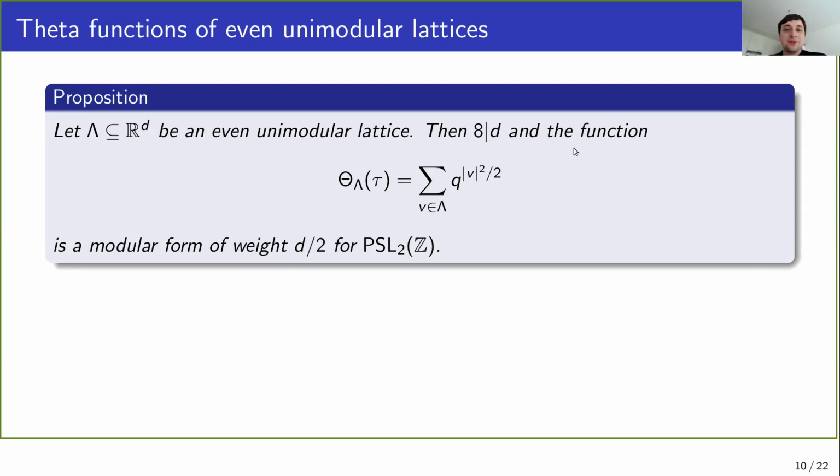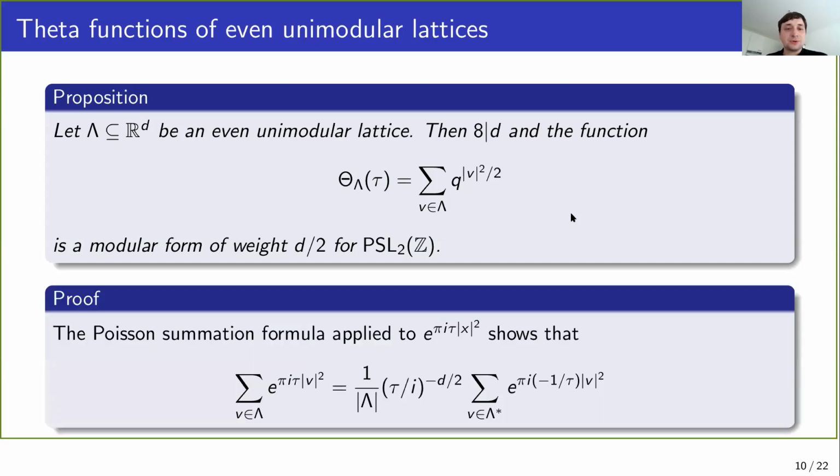And second, that the theta function associated to this lattice, which we define as a kind of weight enumerator for the lengths in the lattice, a sum of q to the power of the length squared divided by 2, and because Lambda is even, this will always be an integer, so this would make it automatically periodic. But then we'll actually prove that this is a modular form of weight d over 2 for the full modular group.